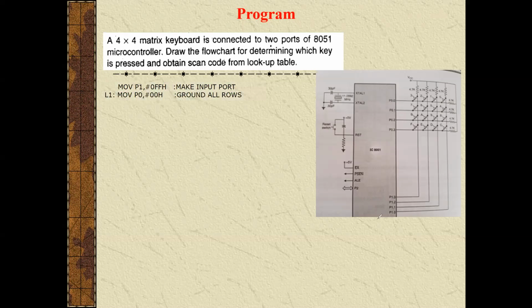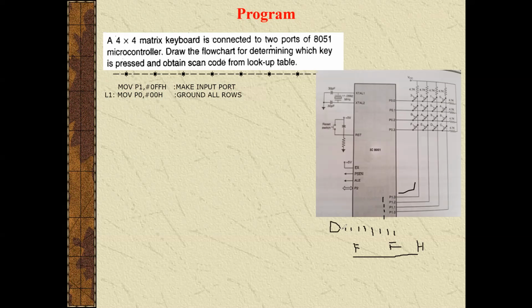First see what we are doing here. How many pins are there at port 1? A total of 8 pins. We make all the pins high by loading this data, F and F, so FFH makes all the pins high, and all pins high means these are input ports. Why are we writing 0?